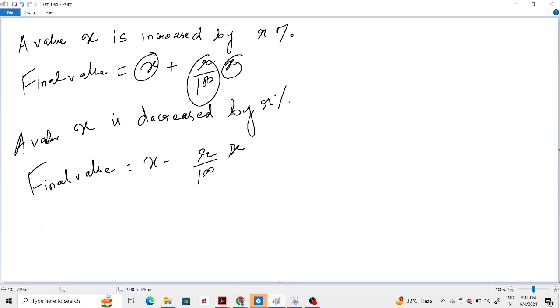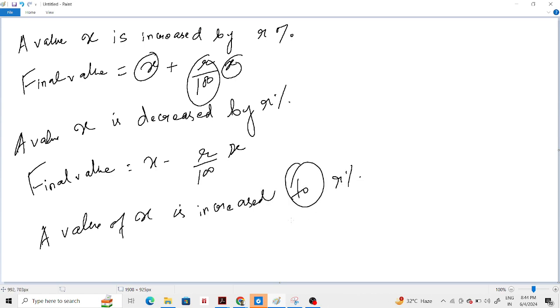Now, if it is asked that a value x is increased to r%, increased to, then what is going to be the final value? Can you tell me?